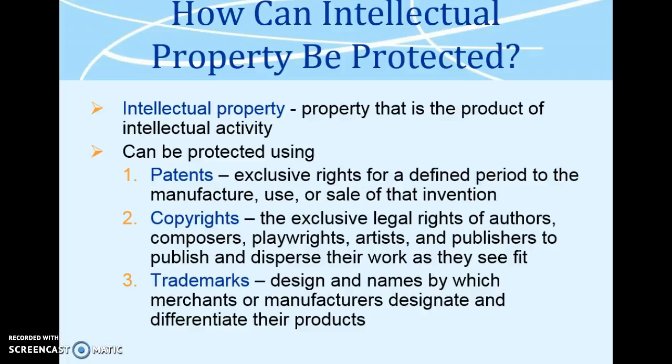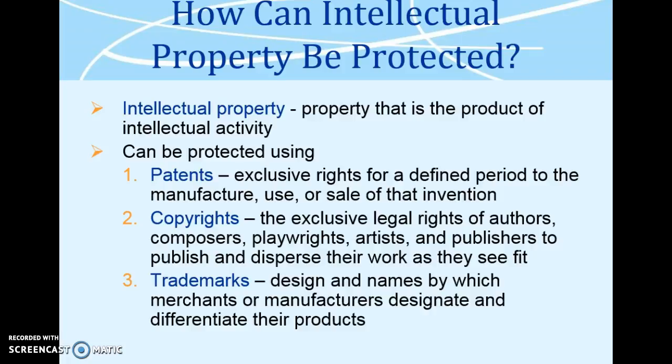How can intellectual property be protected? Intellectual property is property that is the product of intellectual activity. It can be protected using: 1. Patents, exclusive rights for a defined period to the manufacture, use, or sale of that invention. 2.